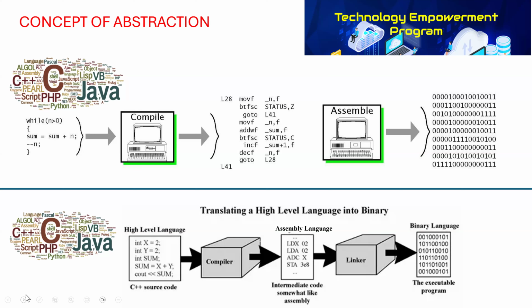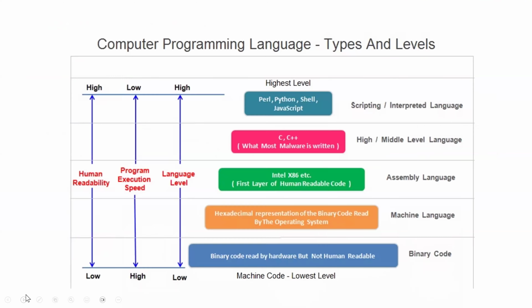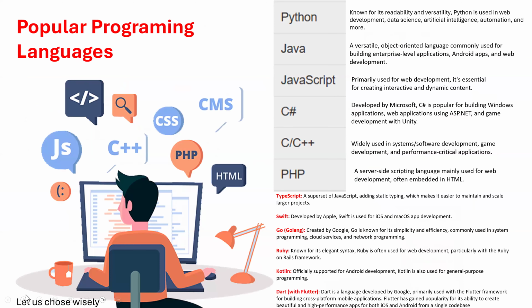They go through what you call source code, from high level language into an interpreter. The interpreter will interpret it, or the compiler will compile it into what we call assembly language, and then the linker will link it to what we call binary language. Ladies and gentlemen, that's the abstraction.